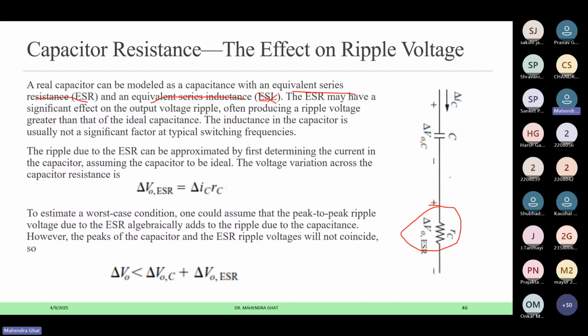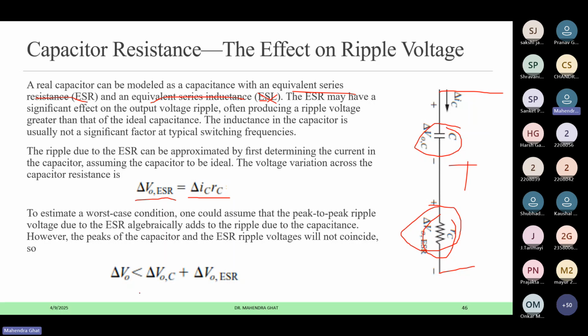Now what is happening? If we consider the total ripple across this, it will be the ripple across the ideal capacitor as well as the ripple across the ESR. If we add both, then only you will get the actual ripple across the capacitor. So we can say delta VO ESR, the equivalent series resistance ripple, is equal to the current flowing through this, delta IC, into RC, which is the ripple across this ESR resistor.